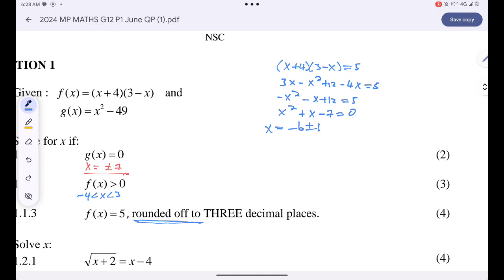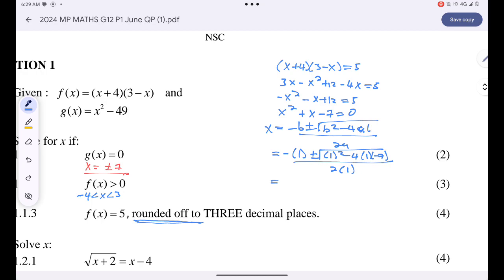Minus b plus or minus the square root of b squared minus 4ac all over 2a. Then punch your precious calculator.